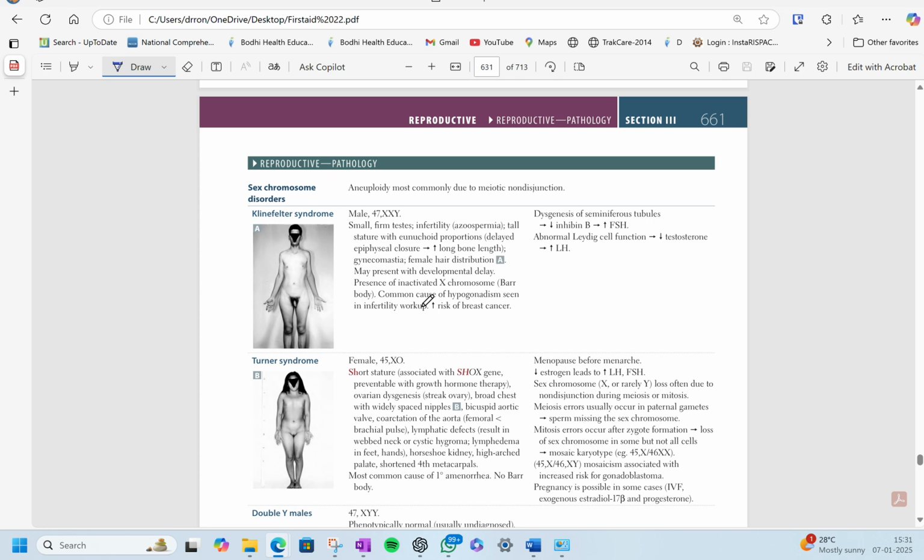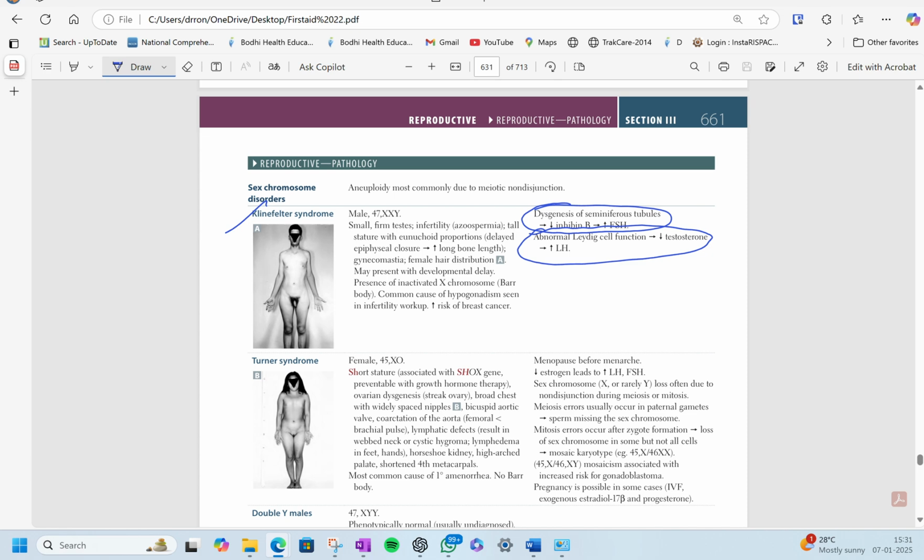Let's say Klinefelter syndrome. What you have here is a male with XXY. There will be testes, but in Klinefelter's the seminiferous tubules are abnormal, so decreased inhibin B and increased FSH. There is also abnormal Leydig cell function, with decreased testosterone and increased LH.